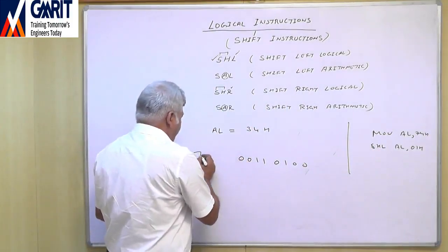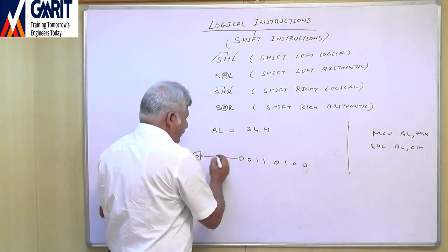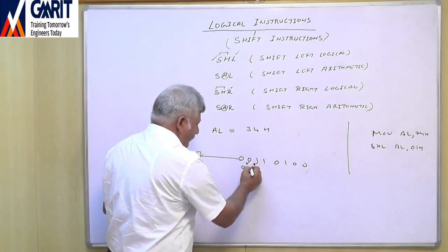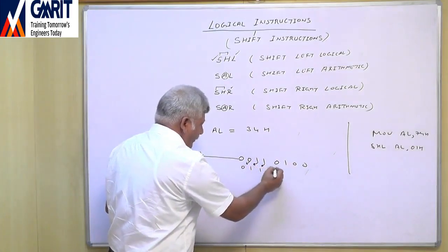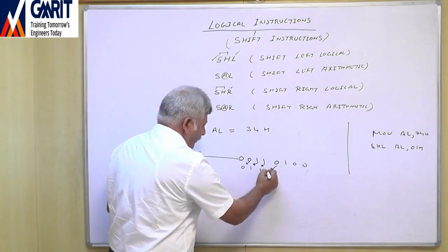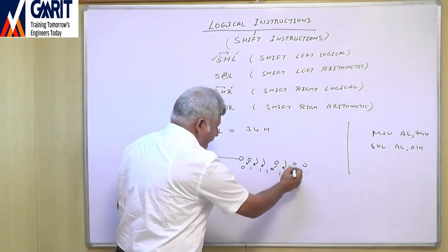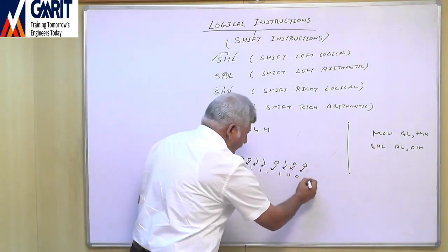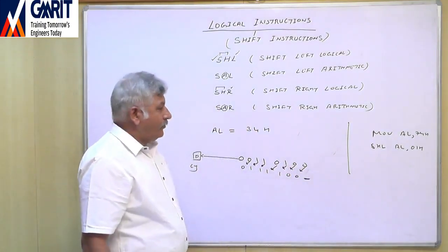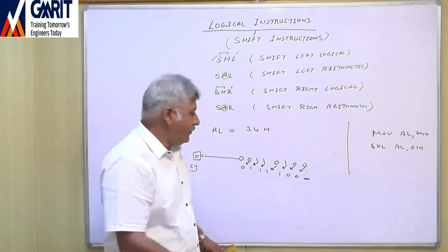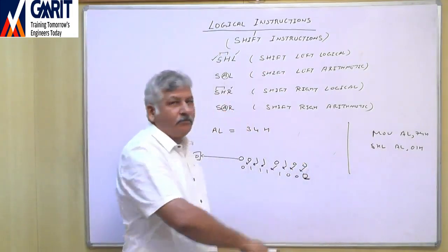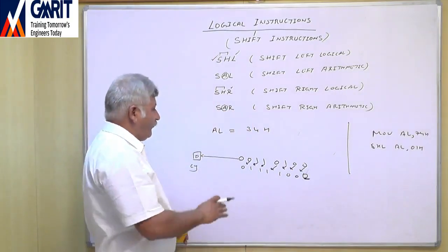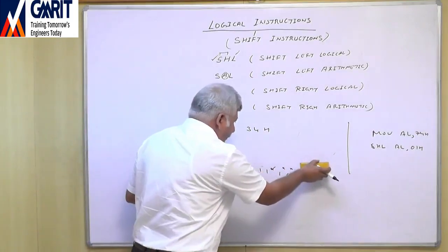This 0 will come to the carry flag position. Each bit will be shifted left side by 1 bit position. This is the vacant position. So the vacant position will be filled by 0. This is our new result.